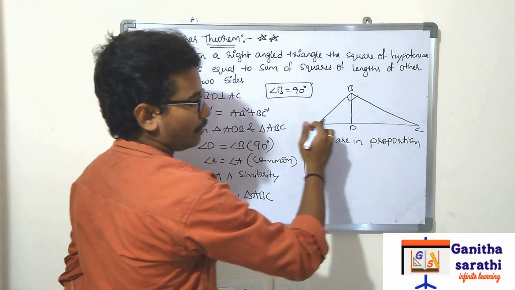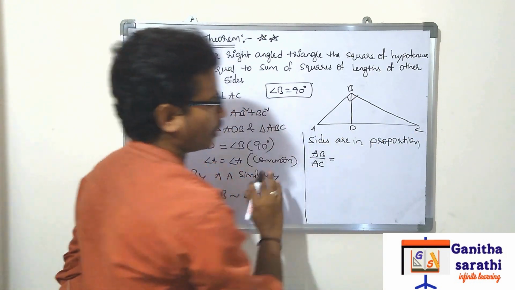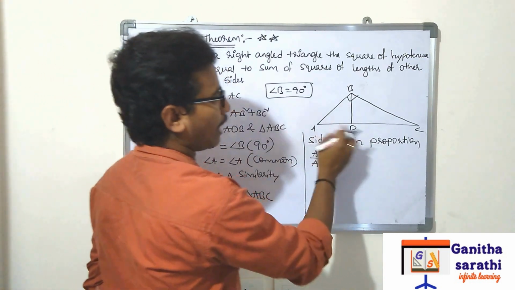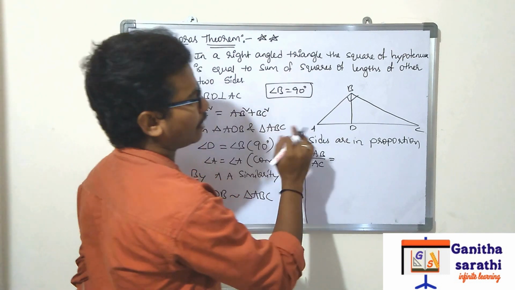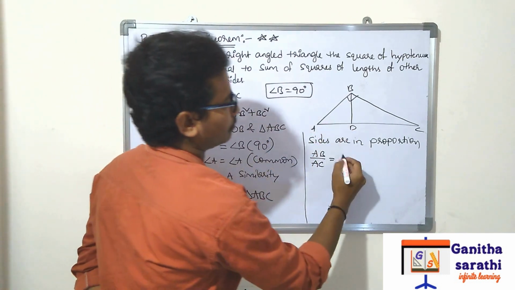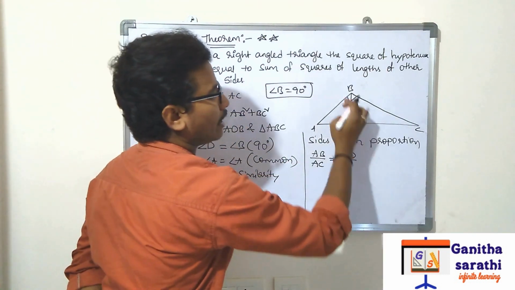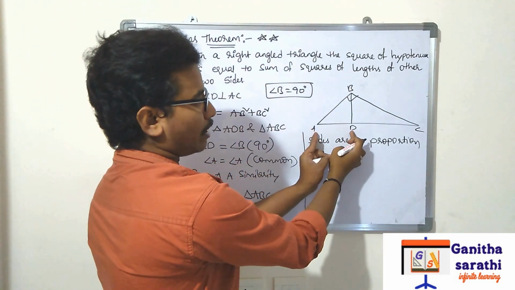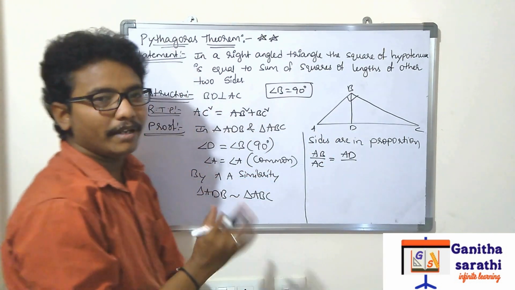In the total triangle, AC is the hypotenuse. Keep it aside. Next, take the small triangle only. In the small triangle, AD is the smallest side, and in the big triangle, AB is the smallest side, right? Understood all of you?